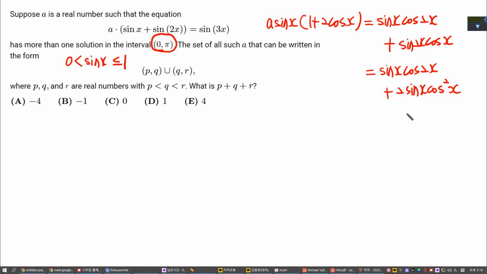So we can divide both sides by sin x because it's not 0.